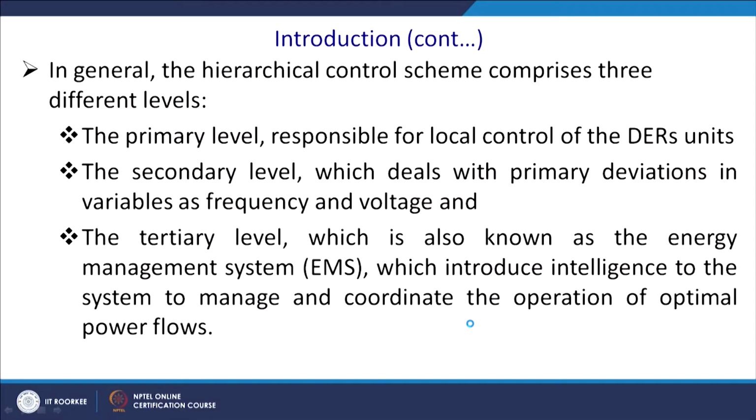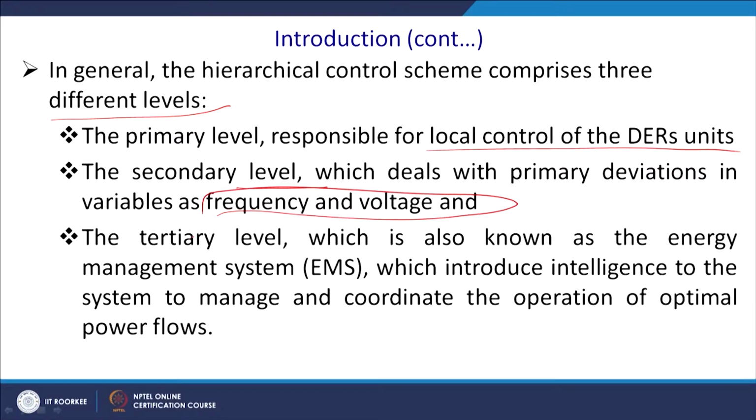These are the issues. In general, the hierarchical control scheme comprises 3 different levels. The primary level is responsible for local control of the distributed energy resources, and the secondary level generally deals with the primary deviations in the variables of frequency and voltage.